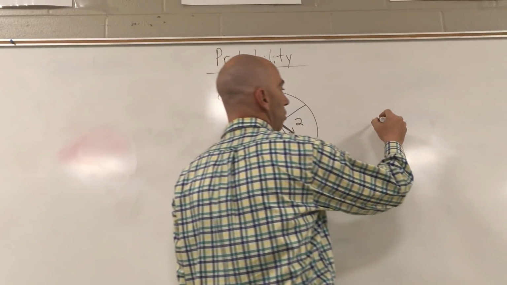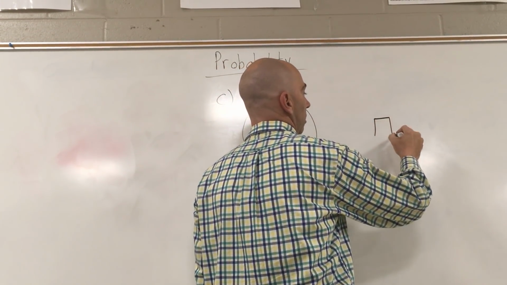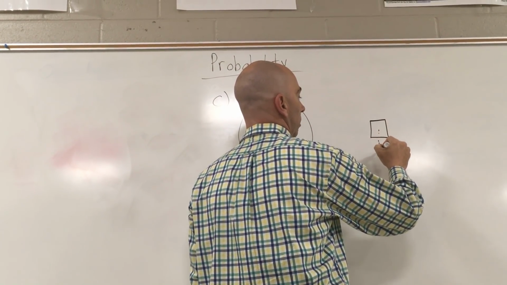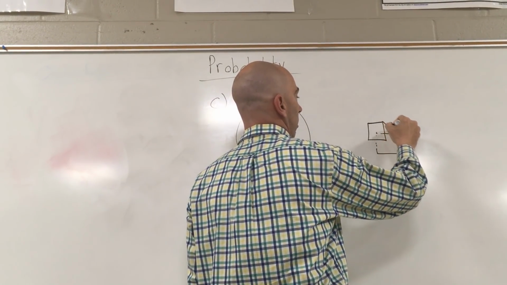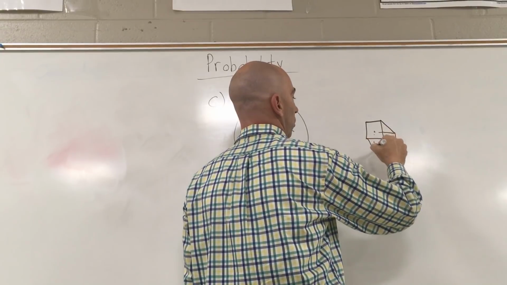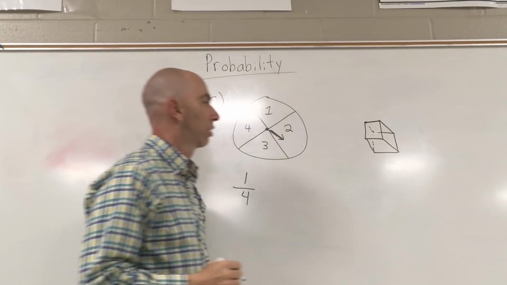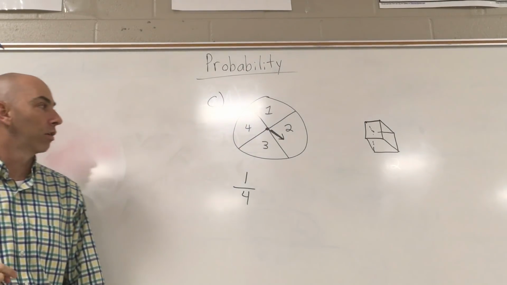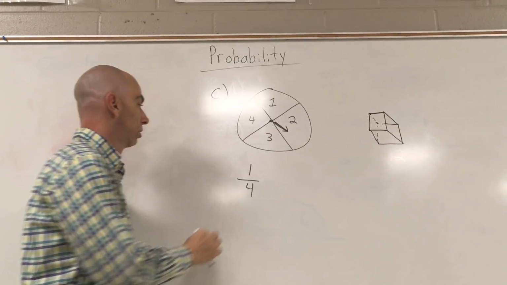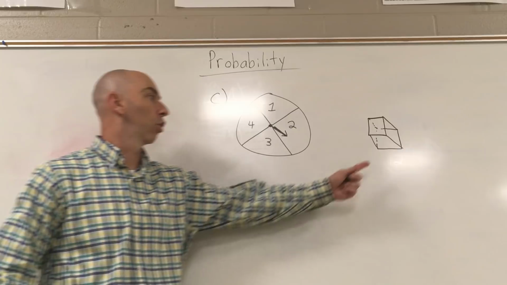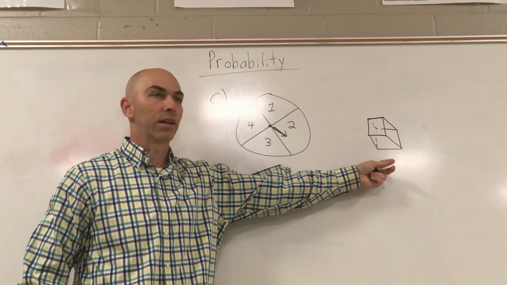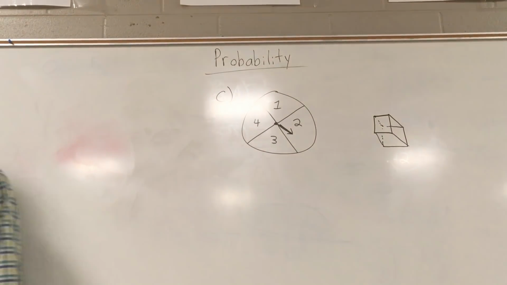Now let's go back to my dice over here. In order to win this game, I've got to roll a 3 and land on a 3.